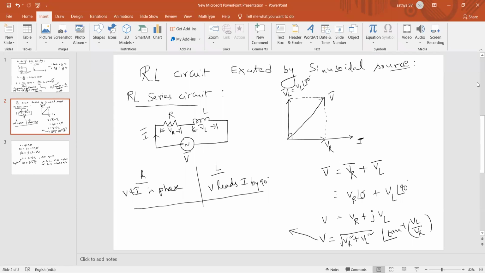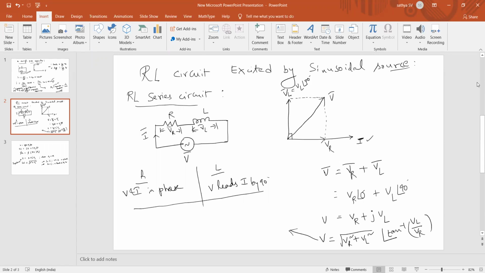Current is constant. So always remember the reference parameter should be a constant one. That constant parameter only we need to consider as the reference in phasor representation. So in this phasor diagram, I have taken current as the reference, because current is the same for both R and L, since they are connected in series.